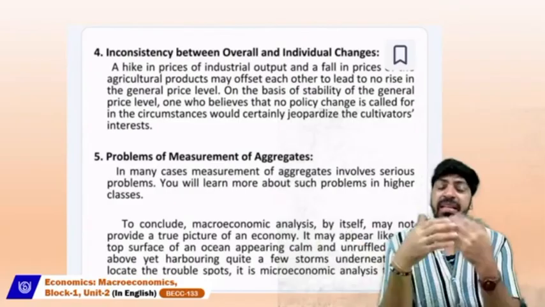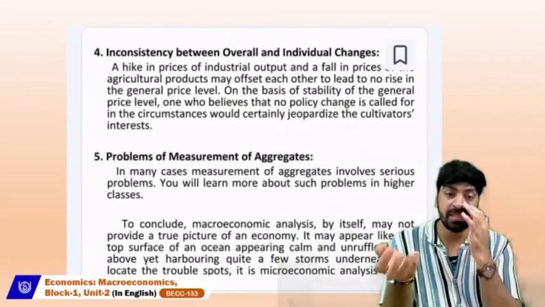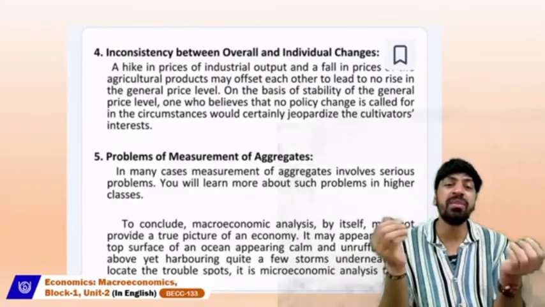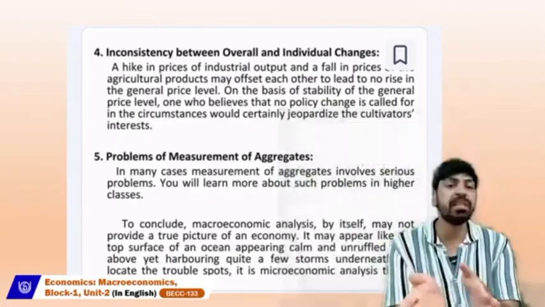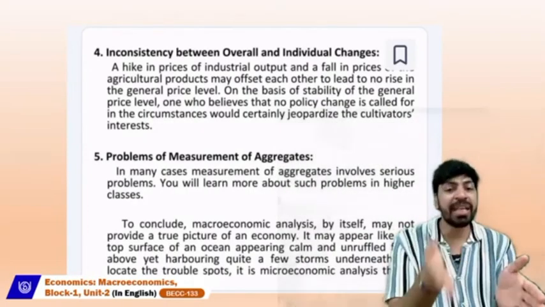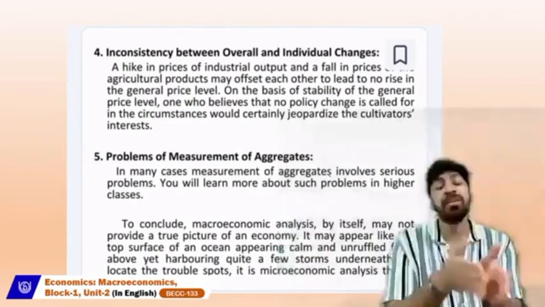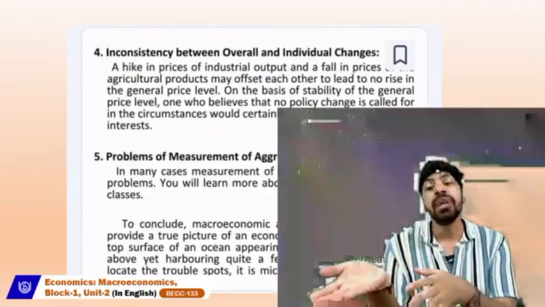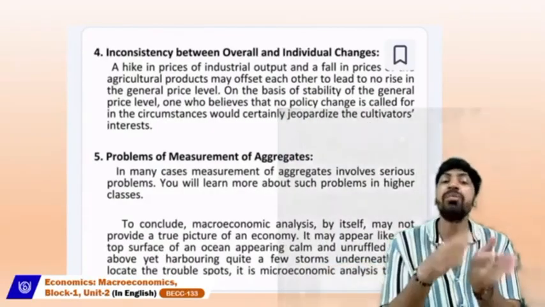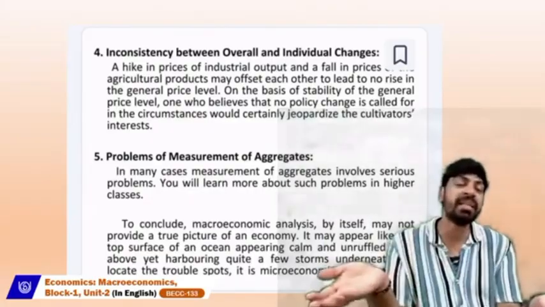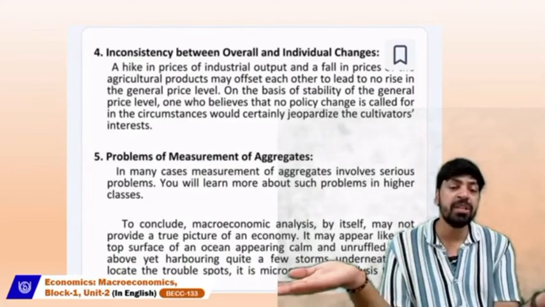So it always shows inconsistencies. It is never consistent. If there is any policy change, it doesn't mean that it will harm the cultivator's interest, or that it couldn't be harmed. There is always an inconsistency between all these changes.